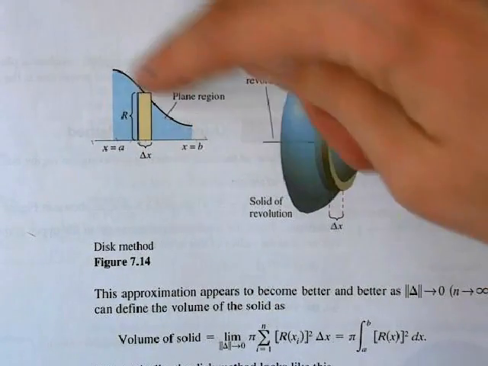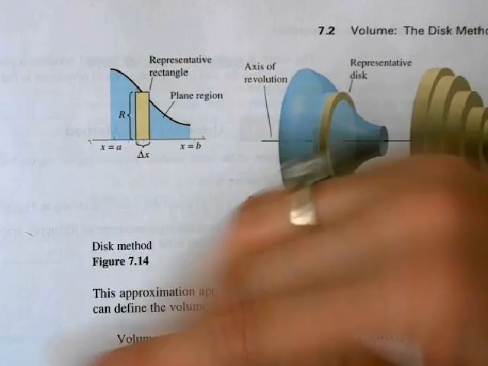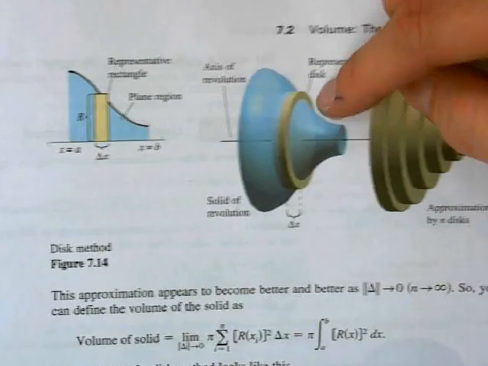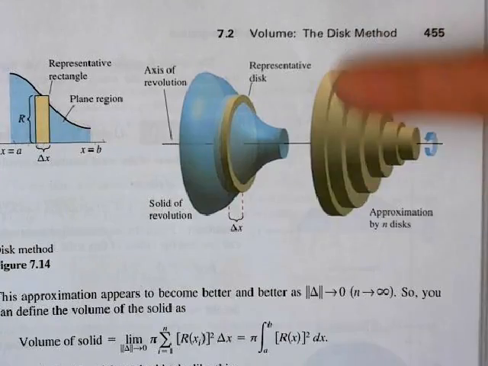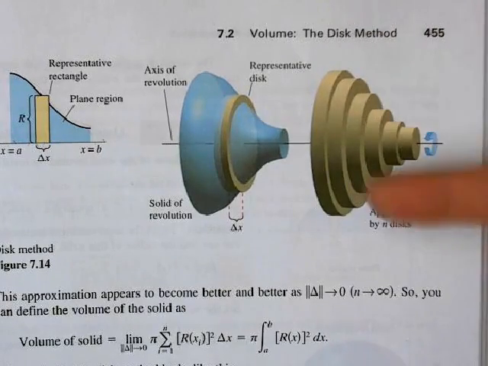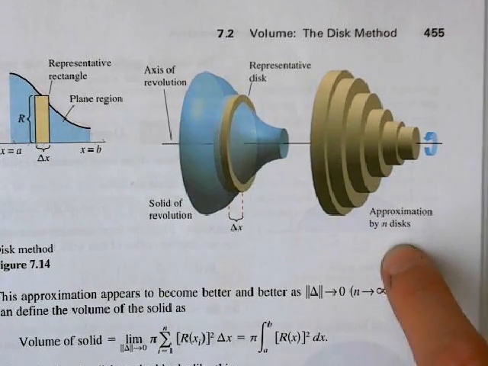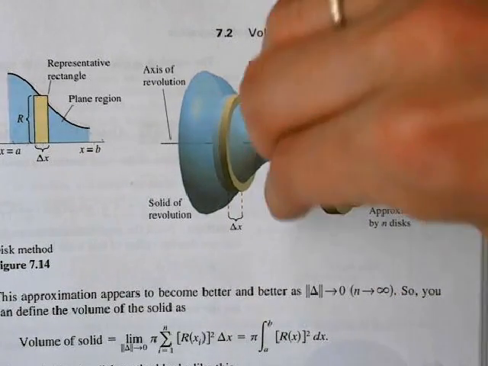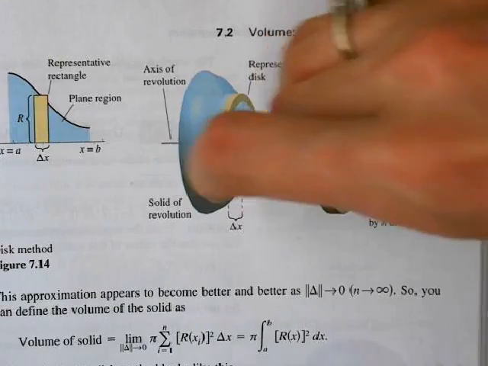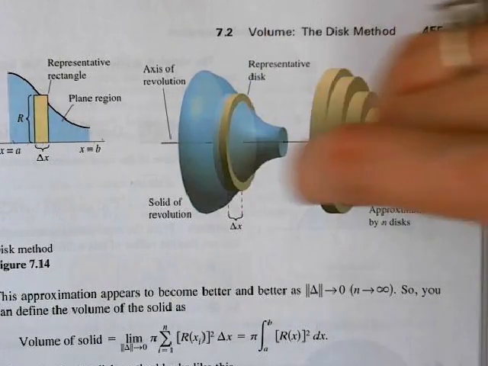But if you have like a whole blue area like there that you're going to rotate around, you can make many rectangles and then add up all those areas of all those. See, like n number of discs, like a certain amount of discs. And if you integrate, it's like adding up all those discs when you integrate.